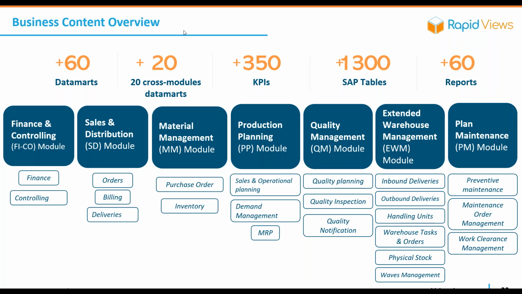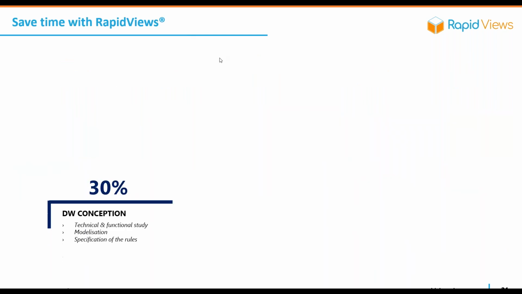We provide more than 350 KPIs, and behind that, thousands of SAP tables on the underlying system, of course, because time after time we are improving and increasing our business content, and we try to cover more and more SAP areas, right? And what we provide comes with samples of reports. Today we have more than 60 predefined reports.